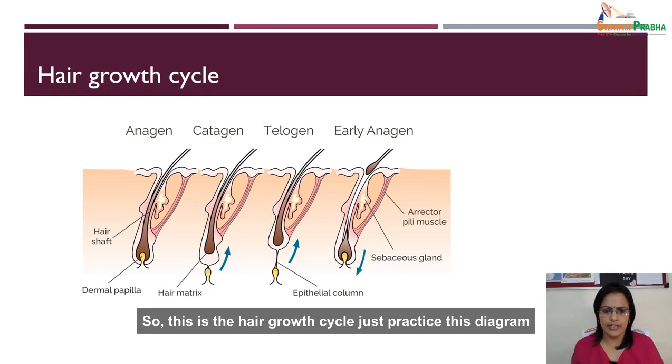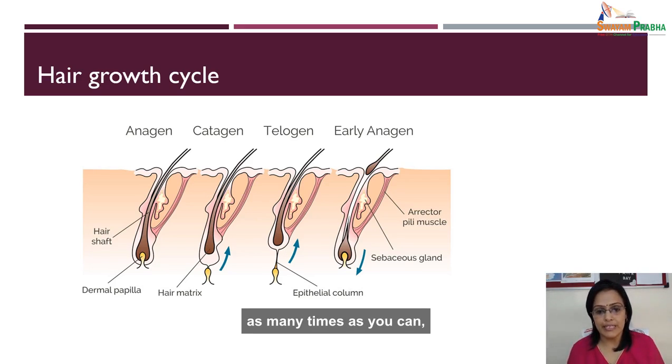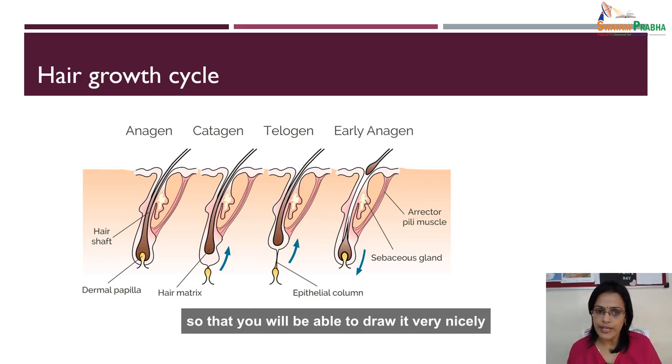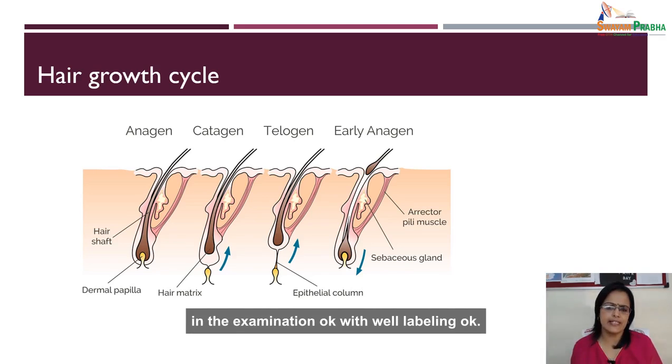Just practice this diagram as many times as you can so that you will be able to draw it nicely in the examination. Labeling must be there in the diagram.